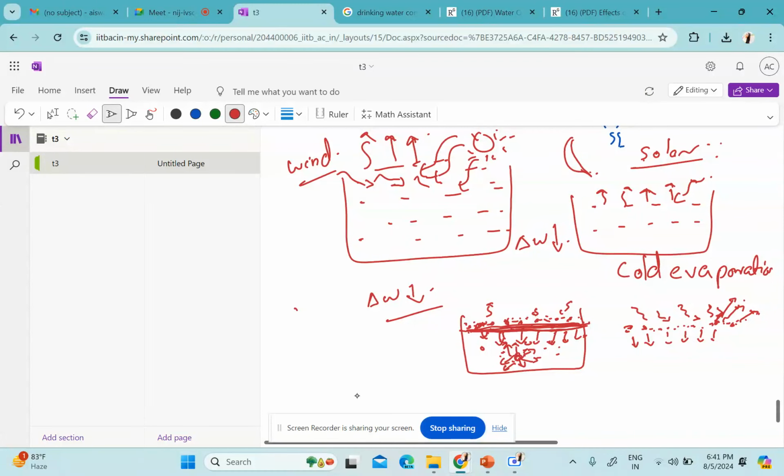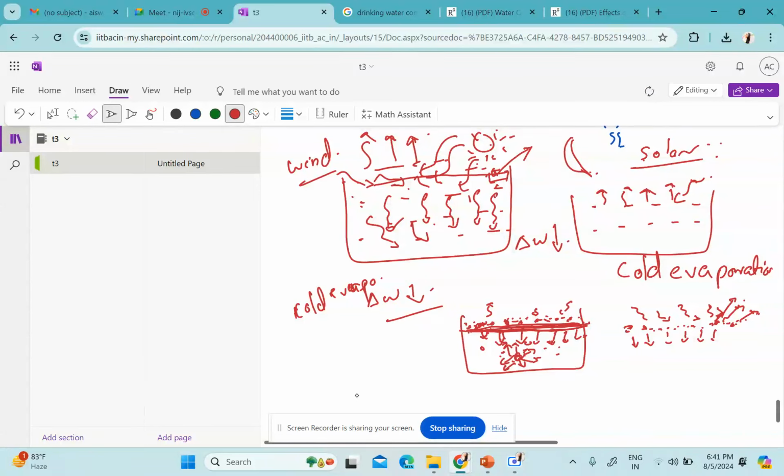That means the cold evaporation will be very little. It is when we consider the bulk water, right? So here this is like bulk water. With heating, the heat will come, and then this heat energy is transferred to all the other regions. Then the water will get some energy. This energy will help the molecules to break the attraction between other molecules, and they will go as a vapor.